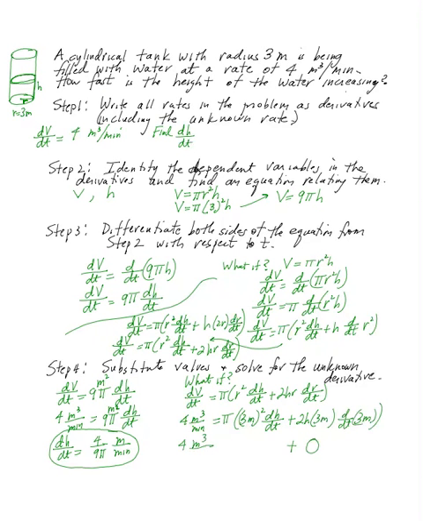So 4 meters cubed per minute equals pi times 9 square meters dh/dt, again, plus 0. And look, I get the same thing. I get 4 over 9 pi meters per minute equals dh/dt.